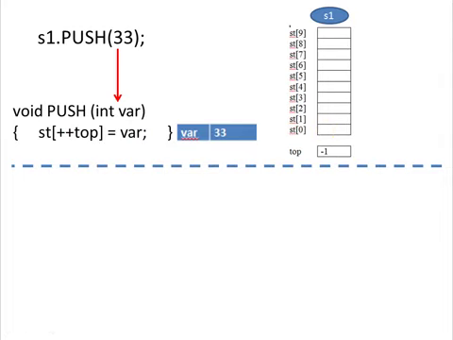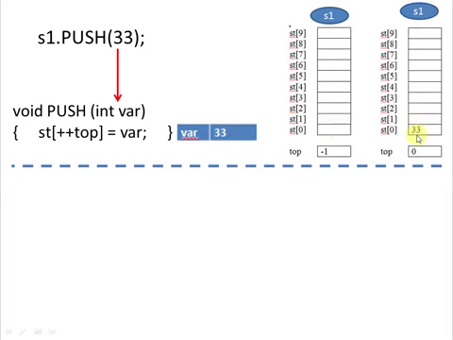So this will be the status of our S1 object: 33 has been stored, top is 0.